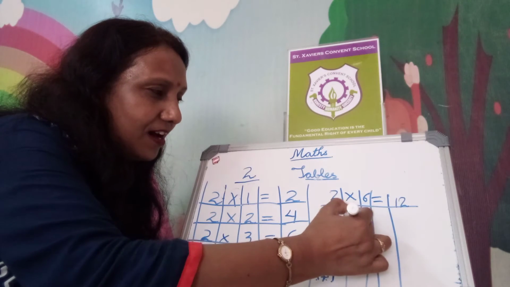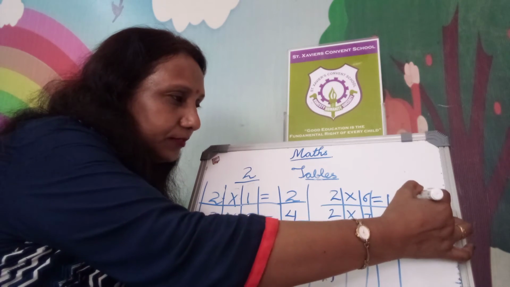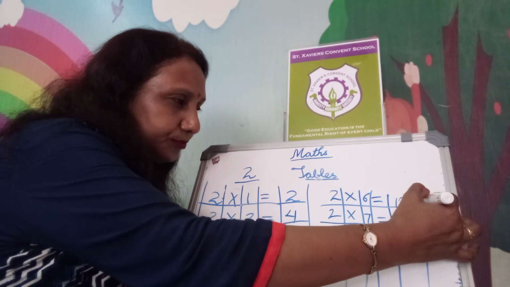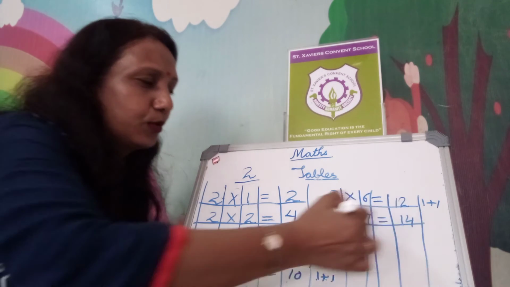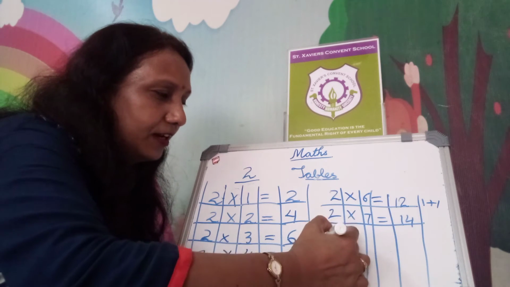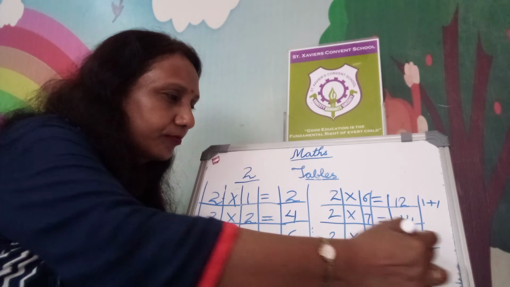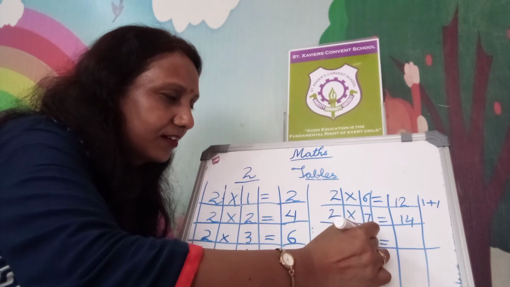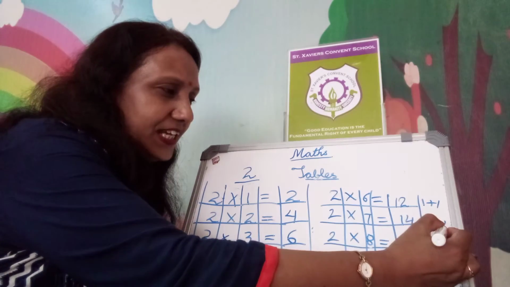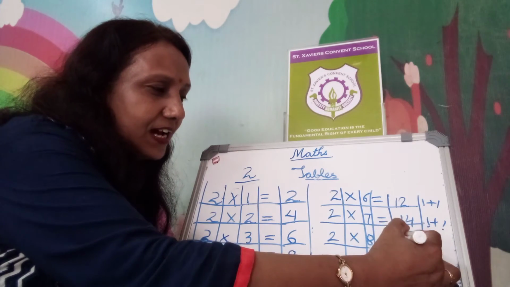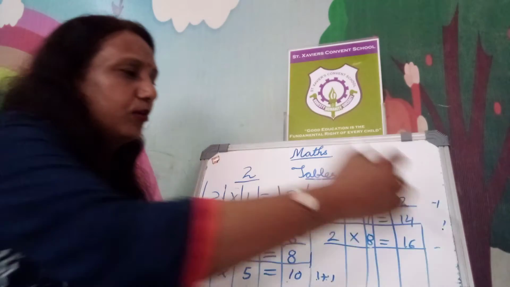Now, 2 7s are... Add 2 here: 12, 13, 14. What will be the answer? 2 7s are 14. Now, sorry, 2 8s are... 14 plus 2: 15, 16. 2 8s are 16. This way easily you can write and learn also.